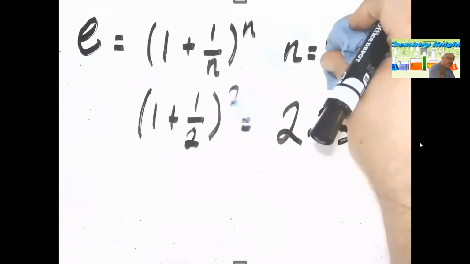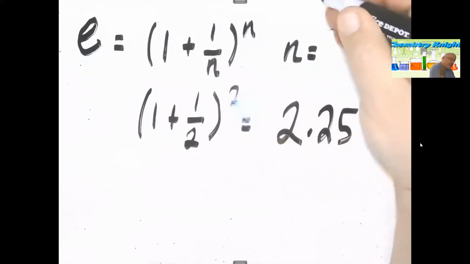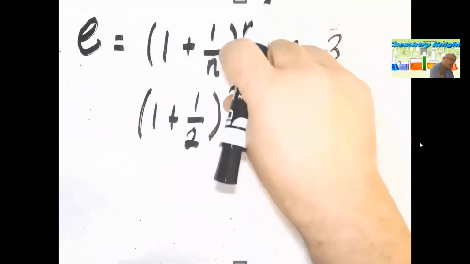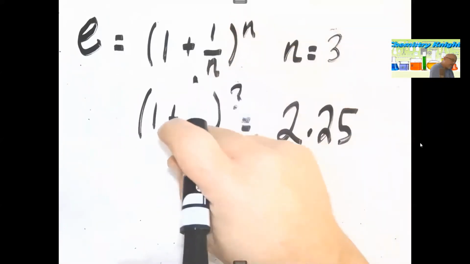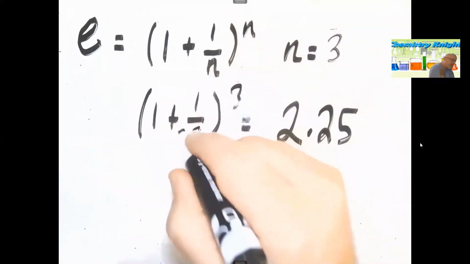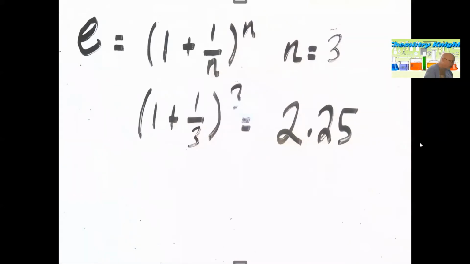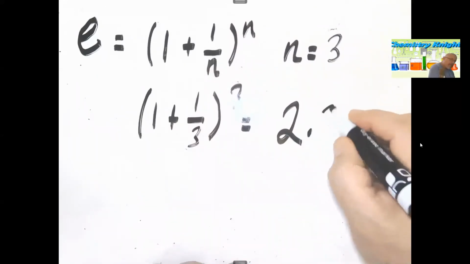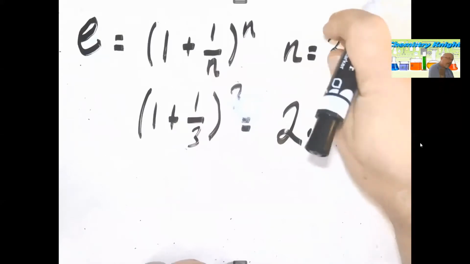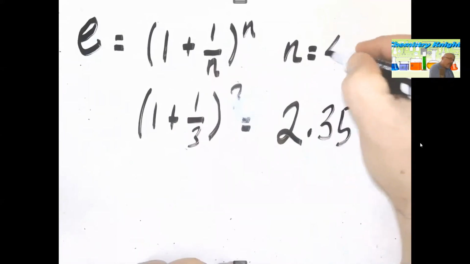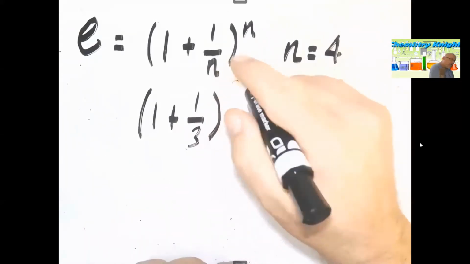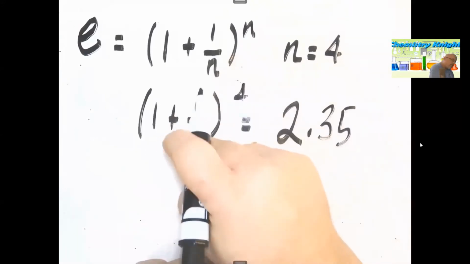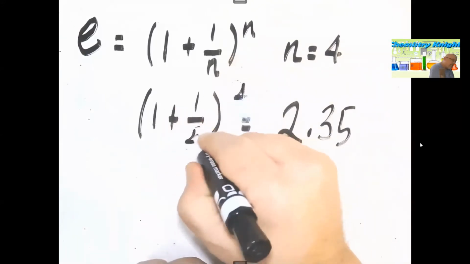Let's do n equals 3. One plus 1/3 to the third power. That's going to be 2.35. How about if n is 4? Well, that's going to be 1 plus 1/4 to the fourth power.